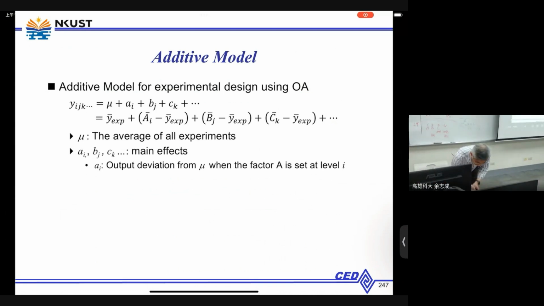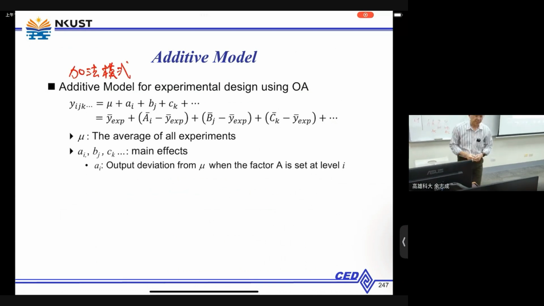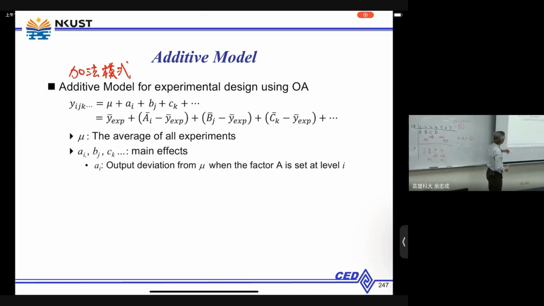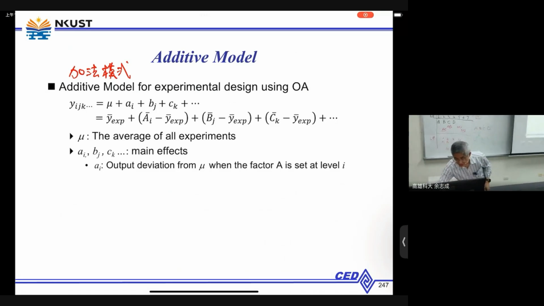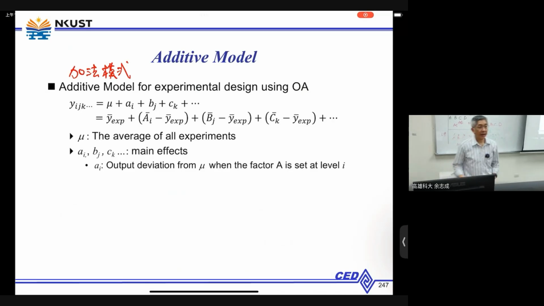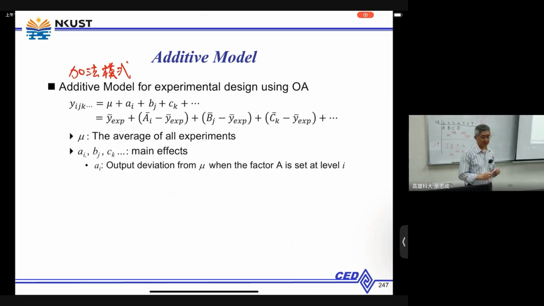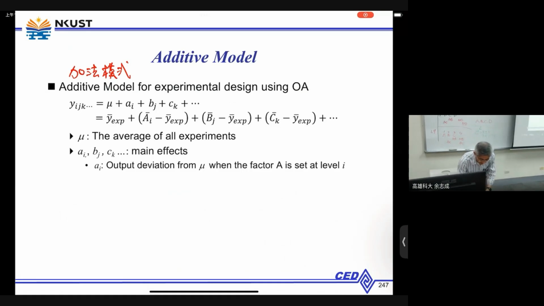This is the additive model. In this additive model, any combination can be predicted by using a summation of the average value and the main effects. And we have told you how to estimate this main effect.